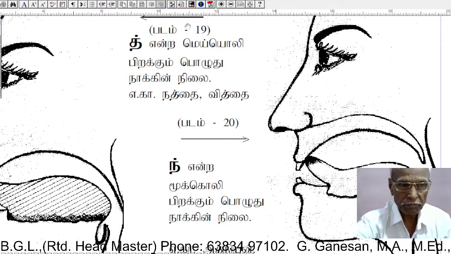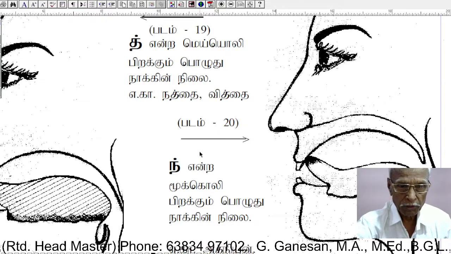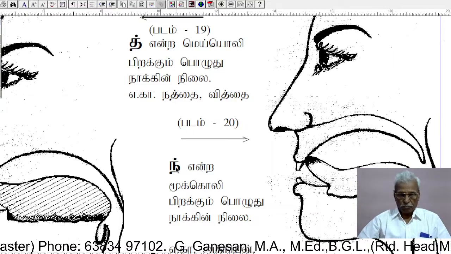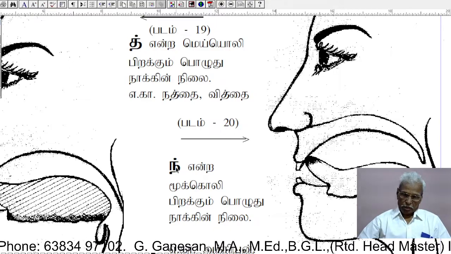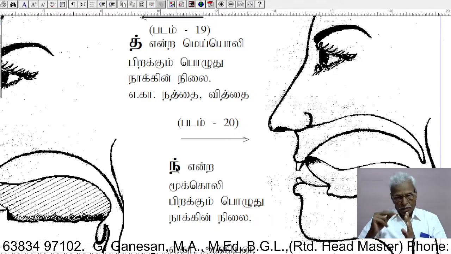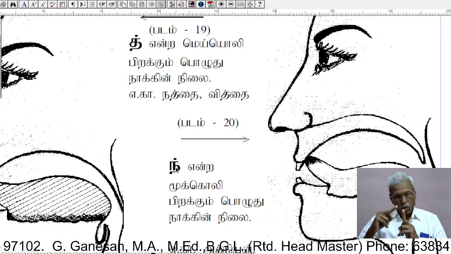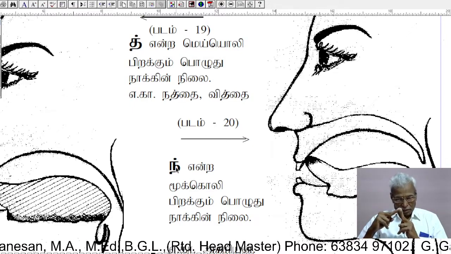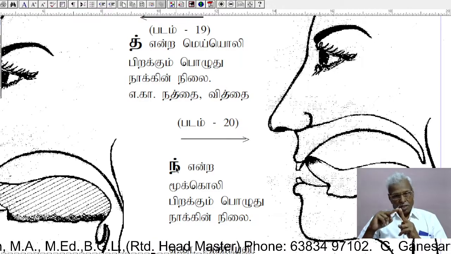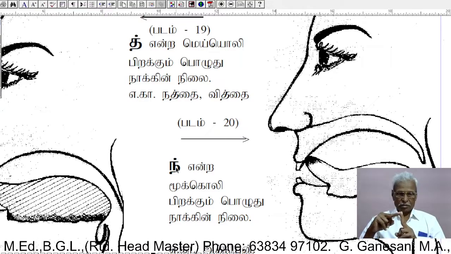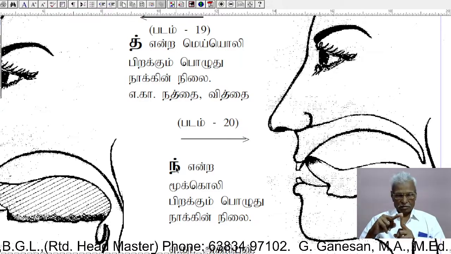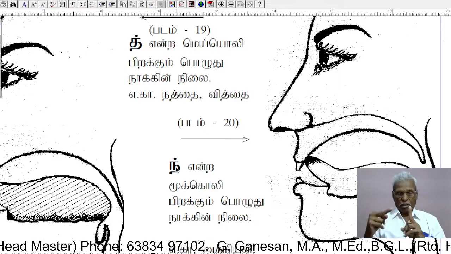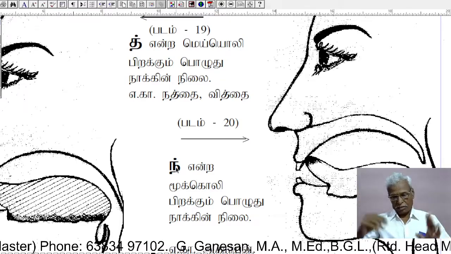The phoneme is produced by raising the tip of the tongue towards the upper teeth ridge and making a tight contact, and sending out the air through the sides of the tongue.